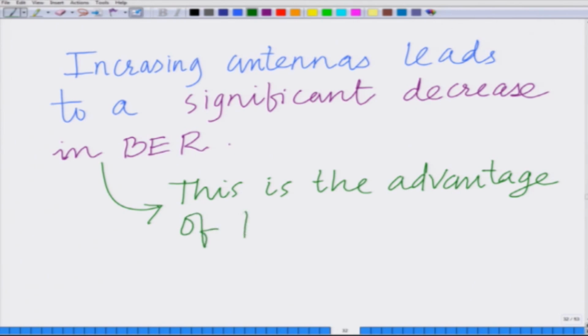Remember, we talked about diversity. This is the fundamental principle of diversity. This is arising because of diversity, and we will explore this diversity even more in subsequent modules.